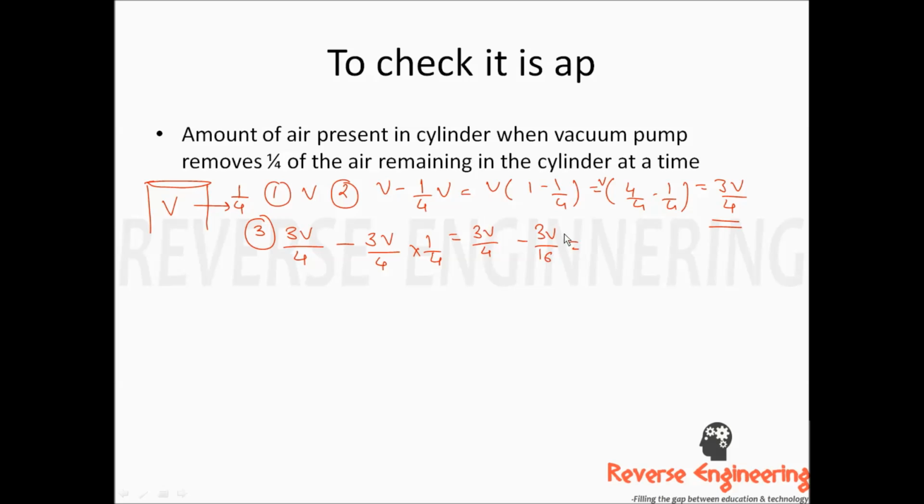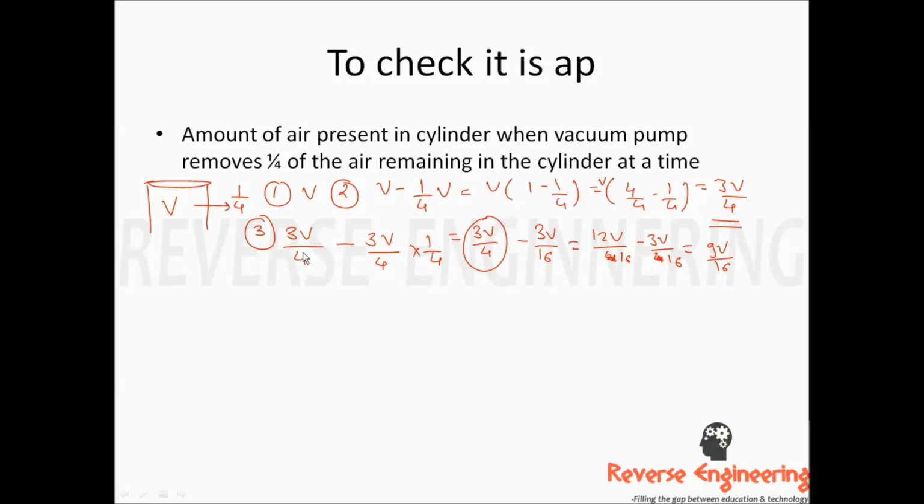If we do the LCM, I need to multiply the first term by 4 in numerator and denominator. So it will be 12V by 16 minus 3V by 16. So the answer is 9V by 16.